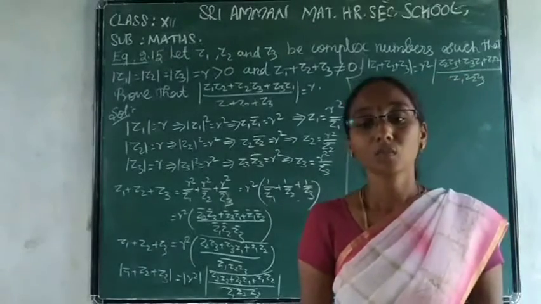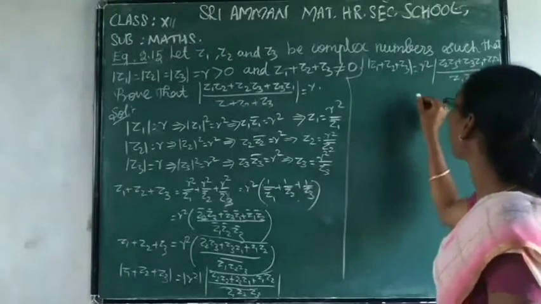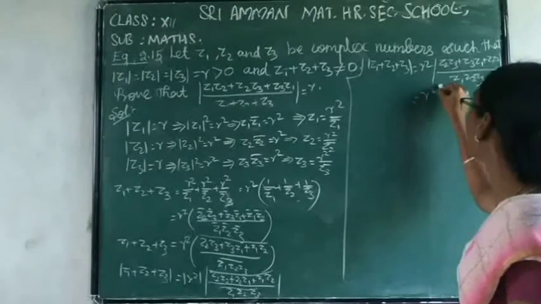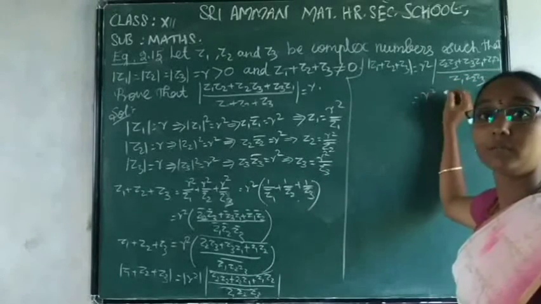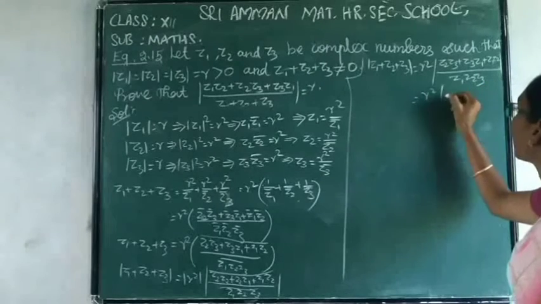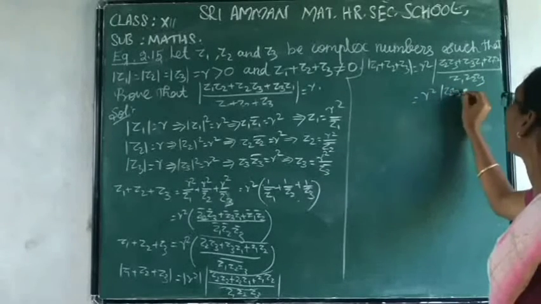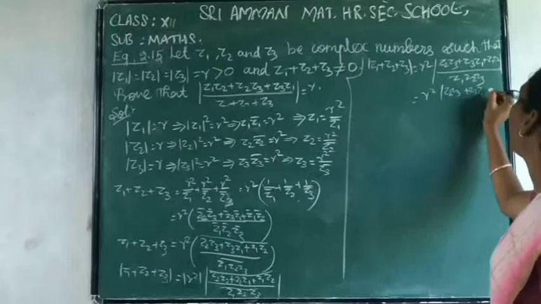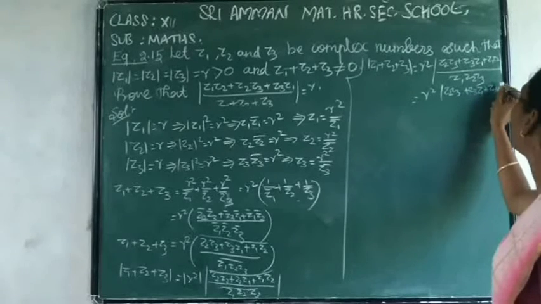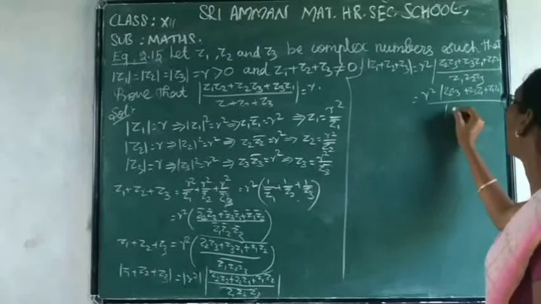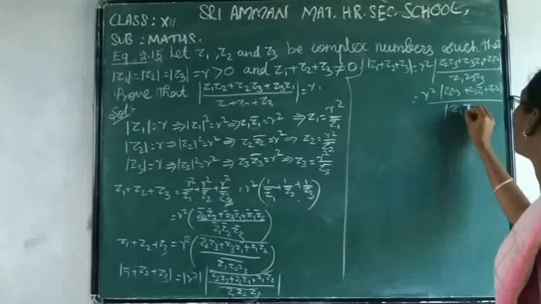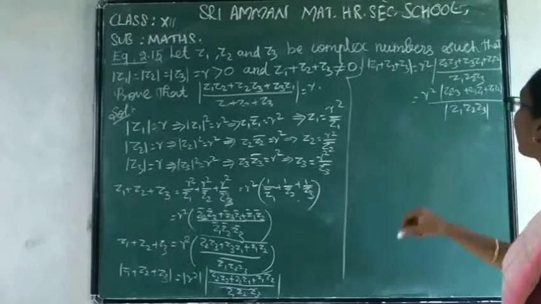Now substitute the values. R square. Modulus is separated by division. So separated: Z2 Z3 plus Z3 Z1 plus Z1 Z2 divided by modulus of Z1 Z2 Z3.